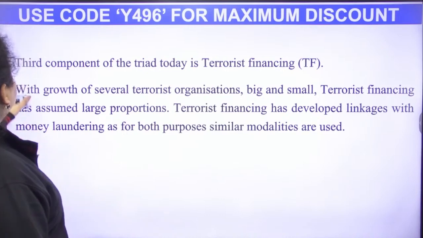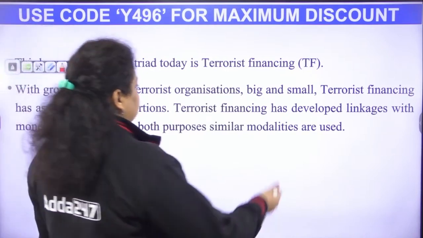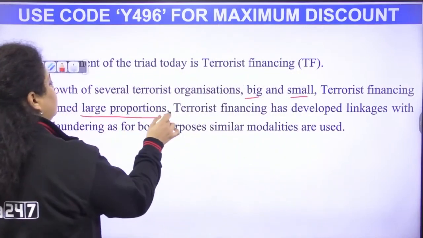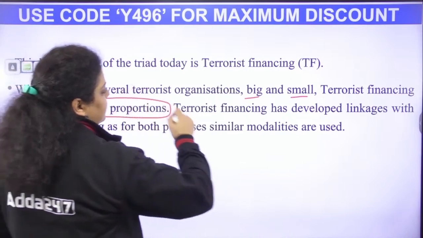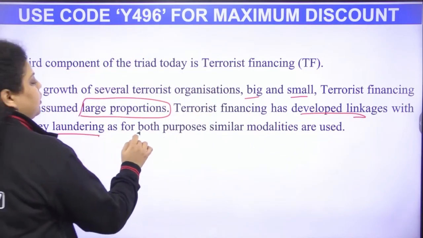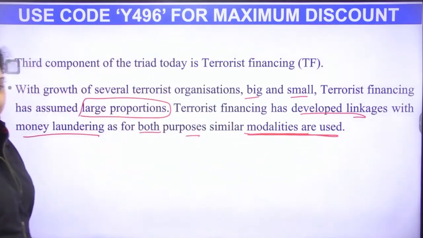Okay. Now, with the growth of several terrorist organizations, big or small, terrorist financing has assumed a large proportion. Terrorist financing has developed a linkage with money laundering, as similar modalities are used for both purposes.